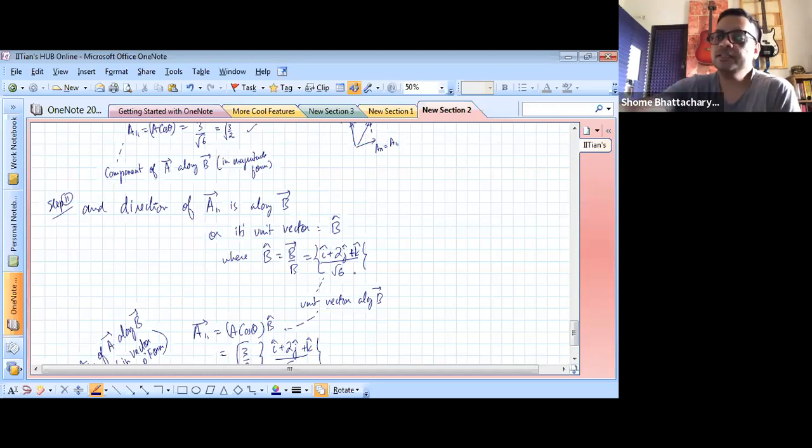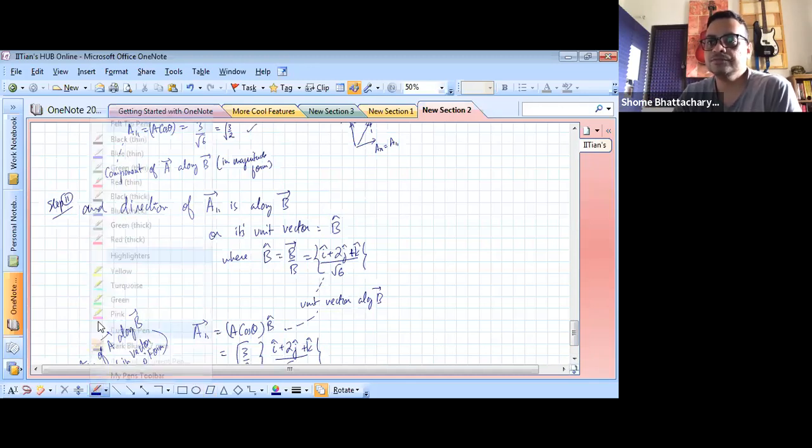Make sure you have written the correction in this step here. It's plus k cap. This step over here, just make sure that you got the correction. It's plus k cap.